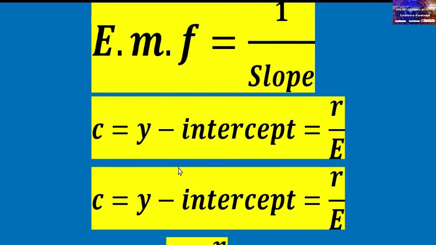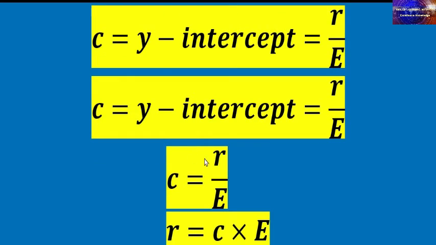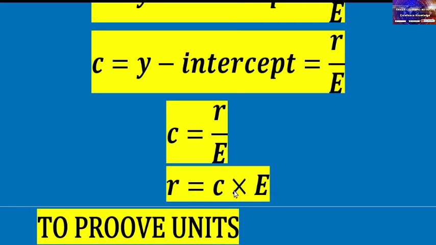And in order to get the internal resistance of the battery, you have to consider the y-intercept. The y-intercept is c, which is equal to r over E. That is our solution: r is equal to c times E, and you make substitution with the values.